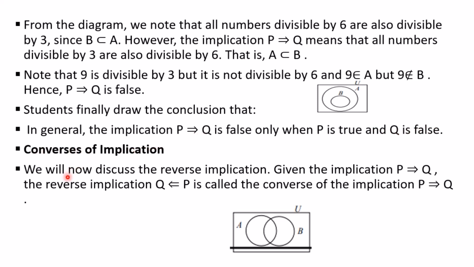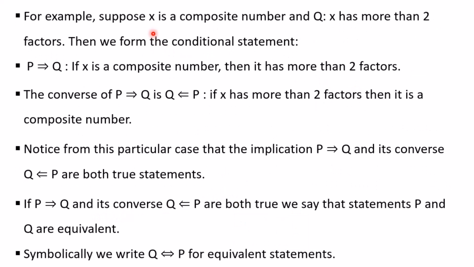So we come to the converse of implication. We will now discuss the reverse implication. Given the implication P implying Q, the reverse implication is Q implying P, and this is called the converse of the implication P implying Q. For example, suppose P is S is a composite number and Q is S has more than 2 factors, then we form a conditional statement.